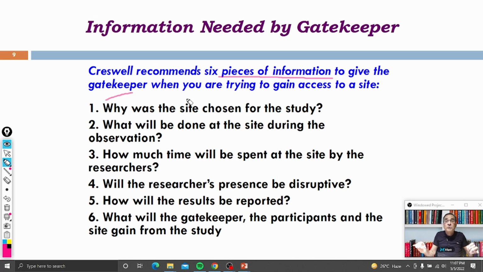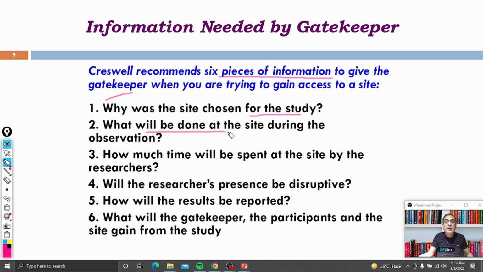He says that usually, when trying to access the site, the gatekeeper or head of the community or organization asks six kinds of questions. The first question is, why was the site chosen to study? So he will ask, why did you come to my community or my school or my organization?